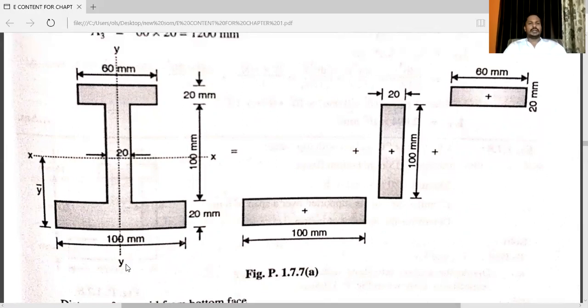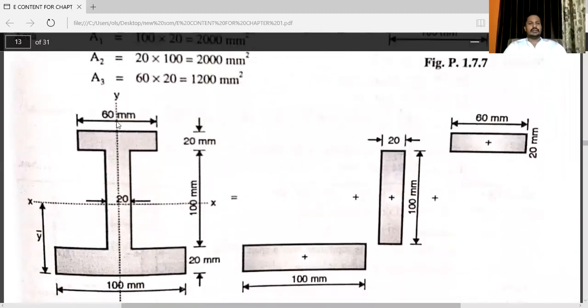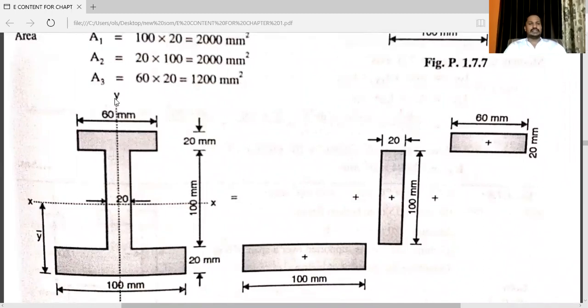So here there is no need to consider the parallel axis theorem, because the vertical axis of the first rectangle and the vertical axis of the entire diagram are the same. So the distance between them is 0.